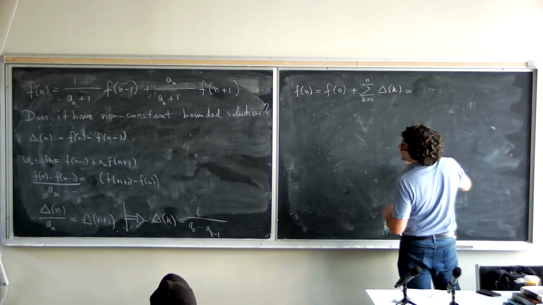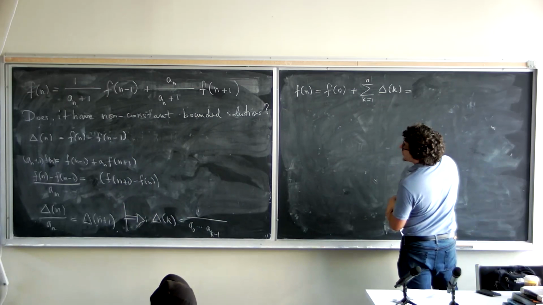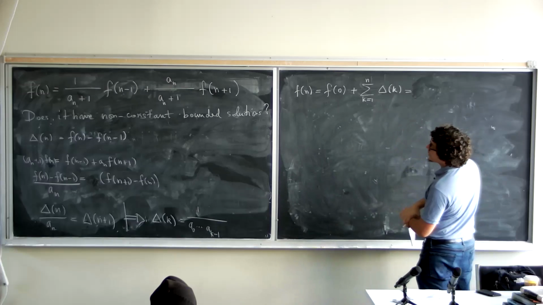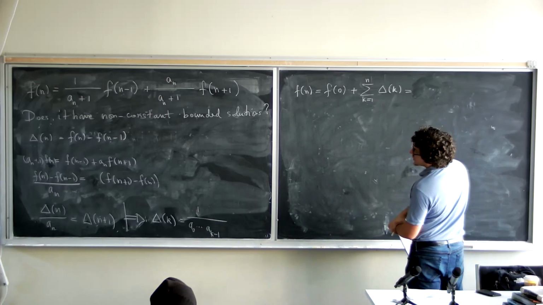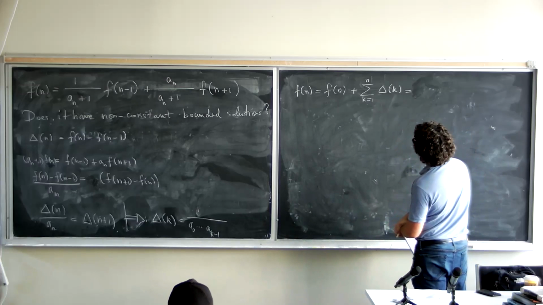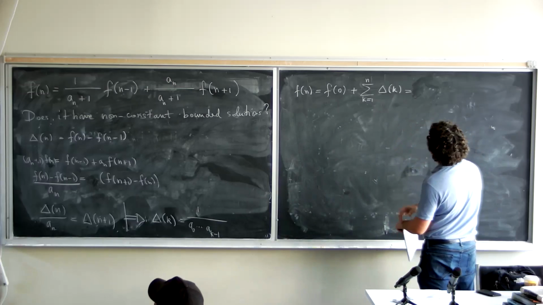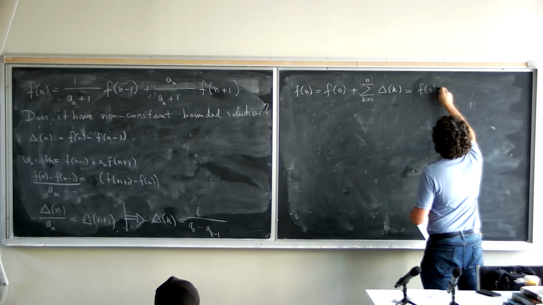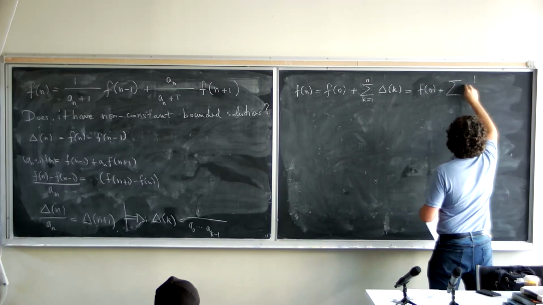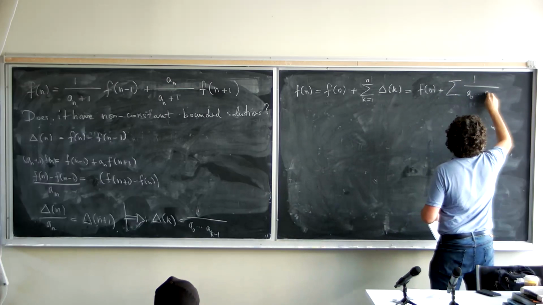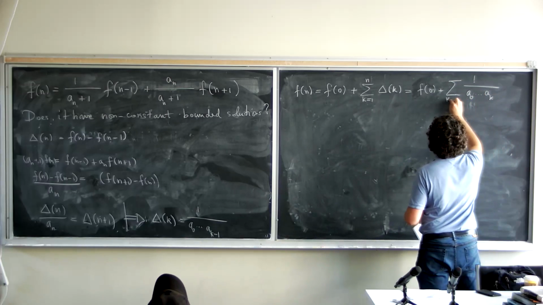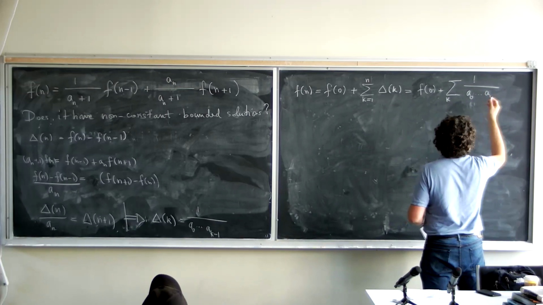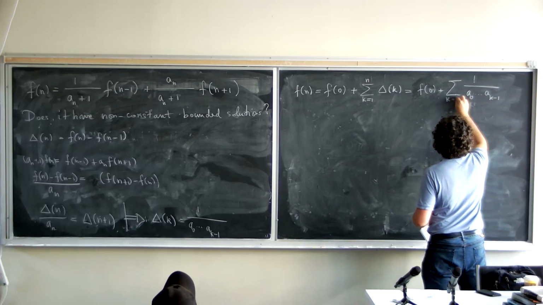Right, f of 0 is 1. Okay, there's some normalization here that we'll have to take into account. But basically, you get f of 0 plus the sum of 1 over A0 up to A k minus 1, from k equals 1 to n.